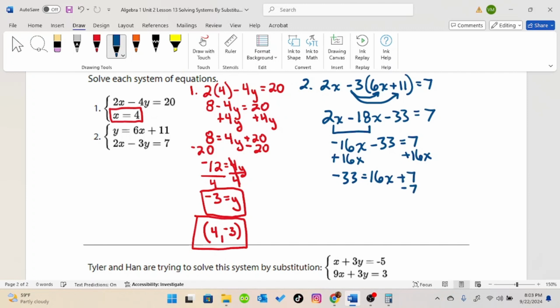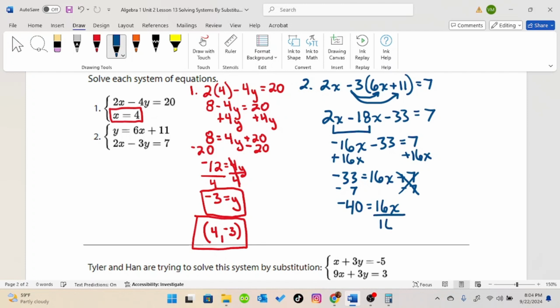Now we subtract 7 from both sides to get rid of it on the right, and that becomes negative 40 equals 16x.